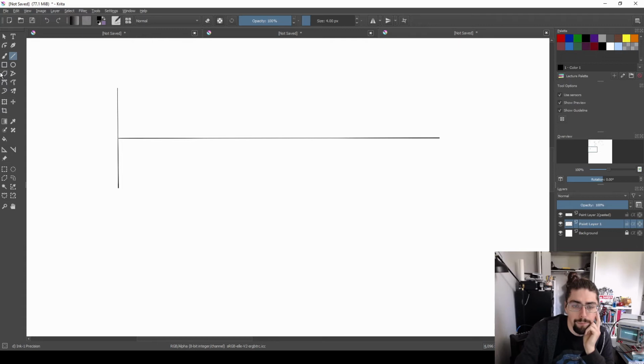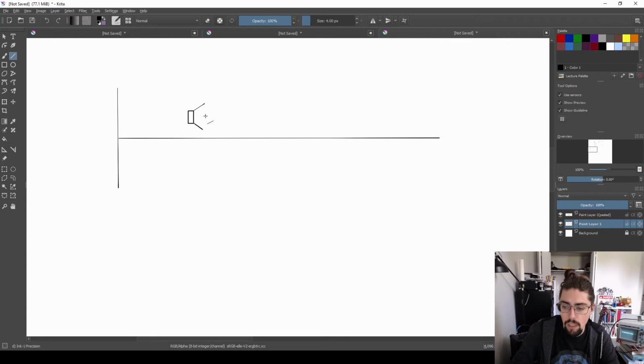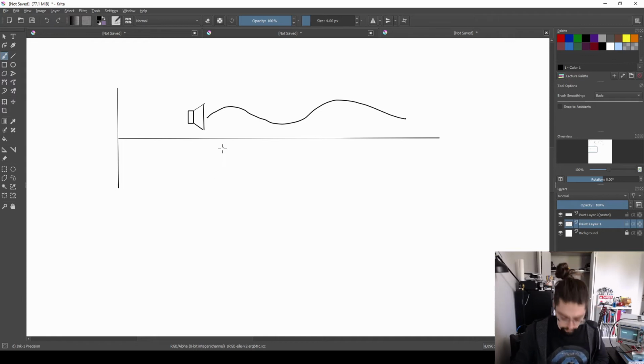So, one speaker is located, didn't mean to do that, right here. And it doesn't really matter what it's doing. Let's imagine that it's emitting a sine wave, kind of like this. That is not a very even sine wave.